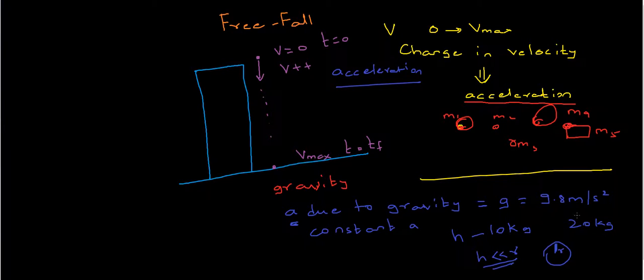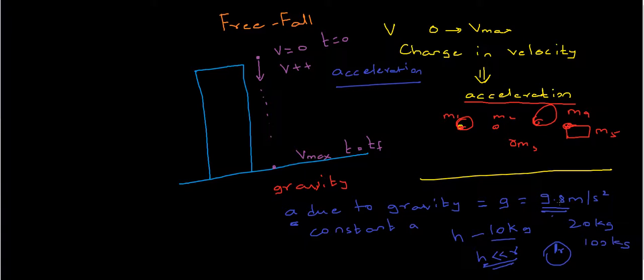Then the acceleration due to gravity is 9.8 meters per second squared, irrespective of the masses. So on both the masses, the acceleration is gonna be 9.8. Whether it's 20 kg or 100 kg, still at that particular height h, the acceleration due to gravity is gonna be 9.8.